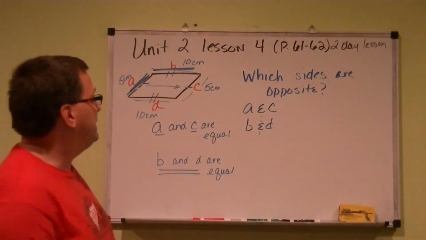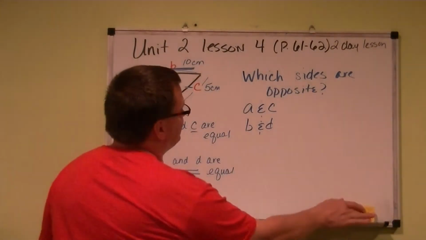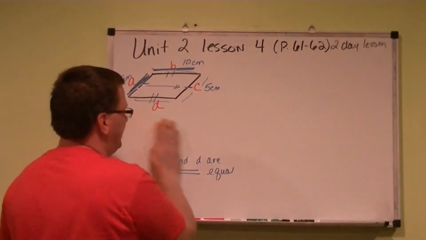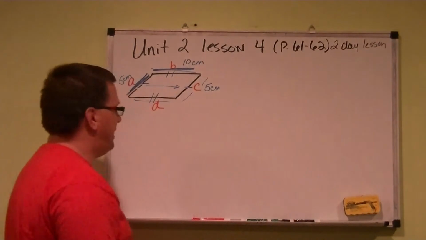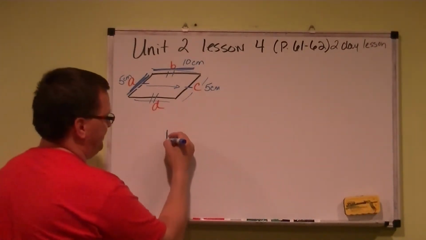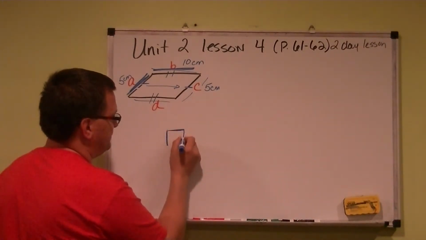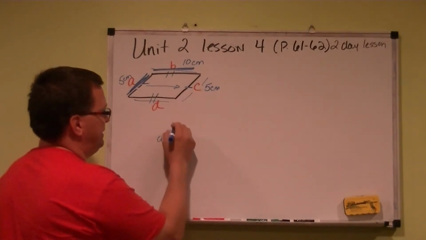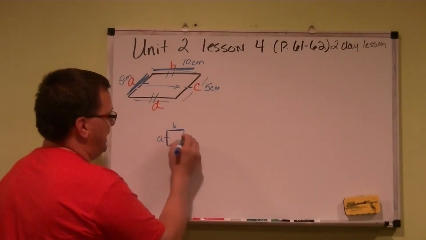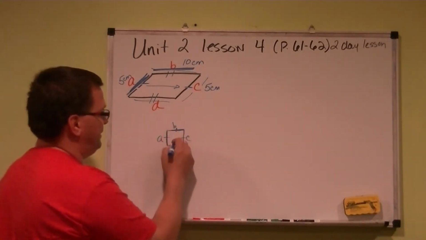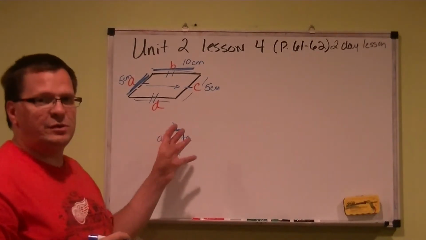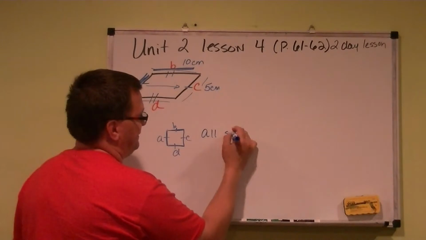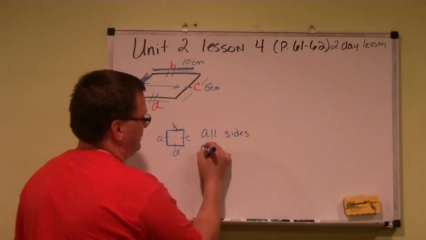your perimeter. What the instructions say to do today is go ahead and draw some parallelograms. And really, if you think about it, we can draw a square. Because if this is A, B, C, and D, A and C are equal, so are B and D. But a square is a little more unique because on a square, all sides are equal.